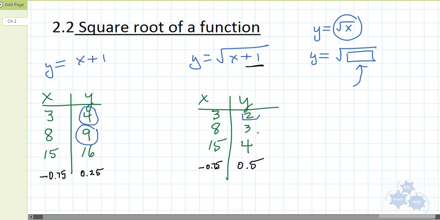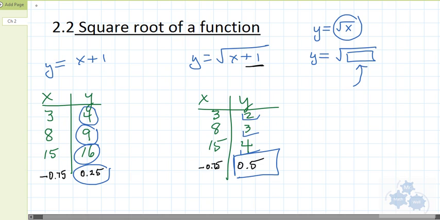But when we take the square root of a number between 0 and 1, it gets bigger. Okay? So this is actually bigger. The square root of a number between 0 and 1 is always larger, because if you think about it, 0.5 times 0.5 will give us a smaller number than we started with. 3 times 3 gives us a larger number. 2 times 2 gives us a larger number.